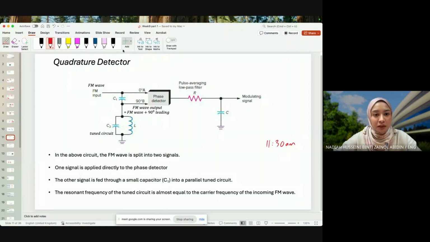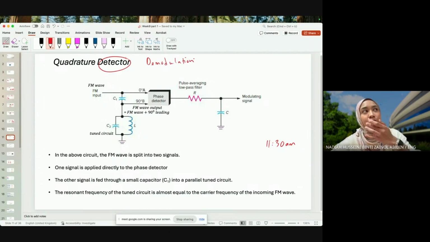What does it mean? Detector means demodulation or detecting the FM signal from the modulated signal, right? So remember that we have our transmission TX, and then we are receiving RX, and what we are transmitting is our modulated signal, which was either AM signal or FM signal.